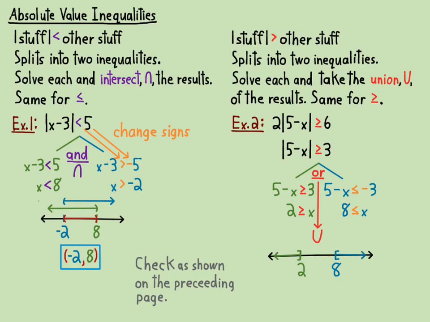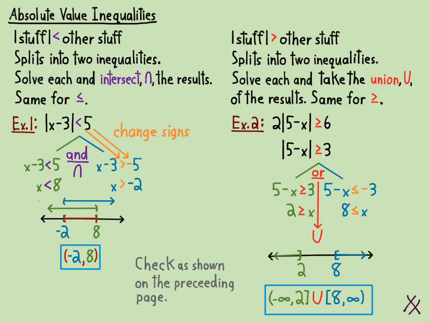Now, I didn't have to write them above and below because they didn't intersect, so they don't get all jumbled up. Then I union them, which means I take both of them together, which means I get 2 intervals. Negative infinity to 2, union 8 to infinity, with the 2 and the 8 getting square brackets, and both infinities getting parentheses. And that's the answer.